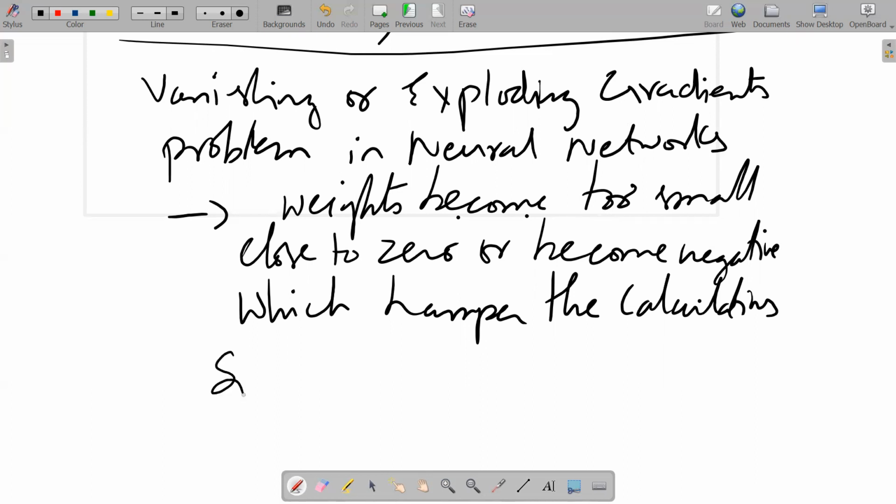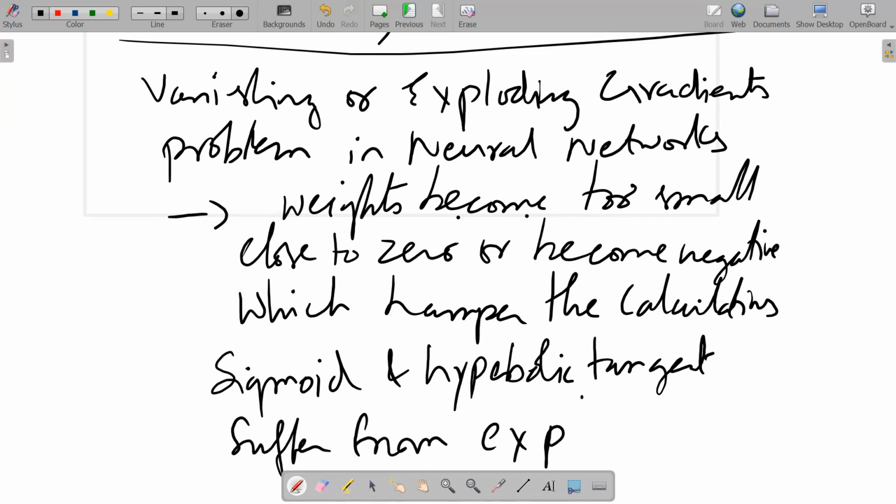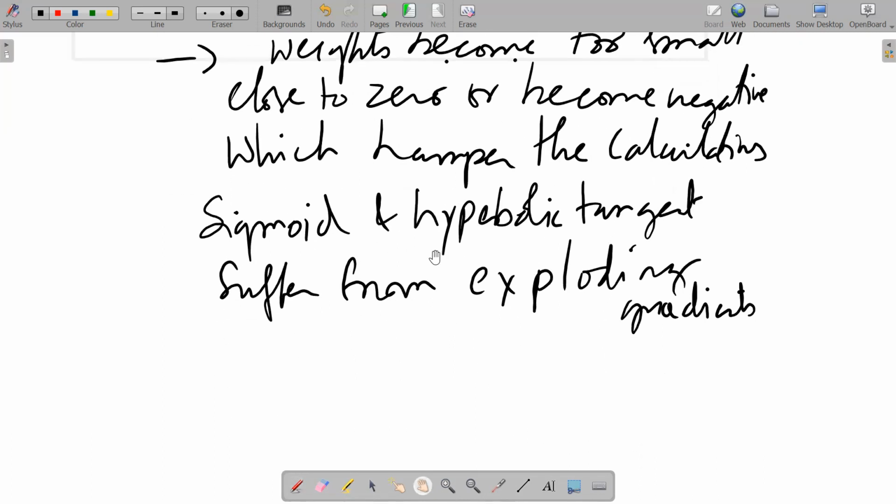So sigmoid and hyperbolic tangent, also called tanh, suffer from exploding gradients or vanishing gradients. To overcome this, the rectified linear unit, ReLU, is used.